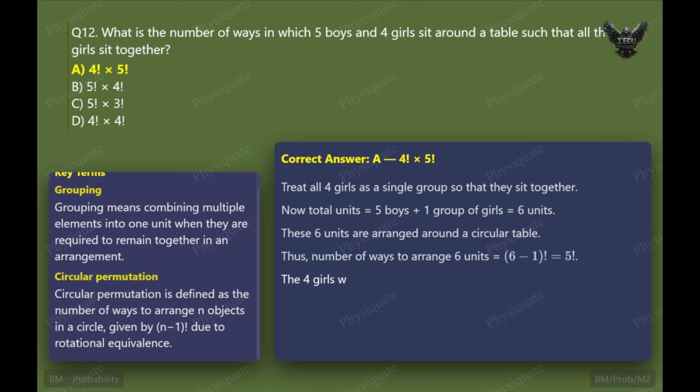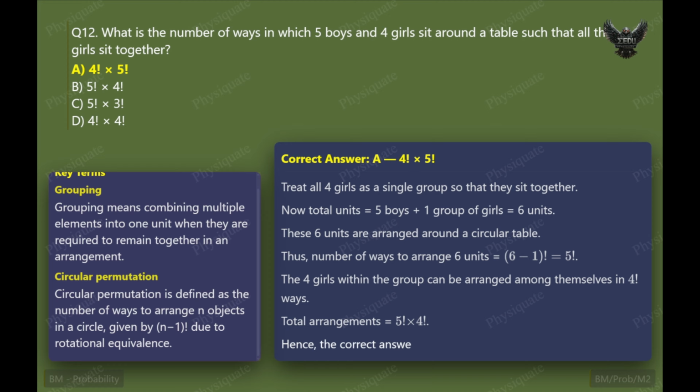The 4 girls within the group can be arranged among themselves in 4 factorial ways. Total arrangements equals 5 factorial times 4 factorial. Hence, the correct answer is 5 factorial times 4 factorial.